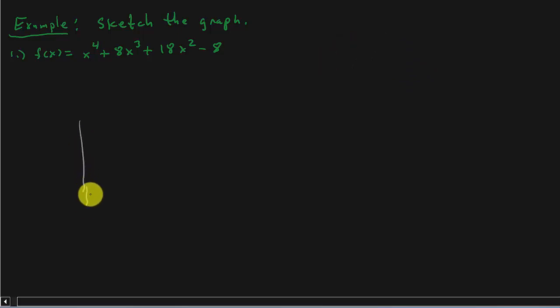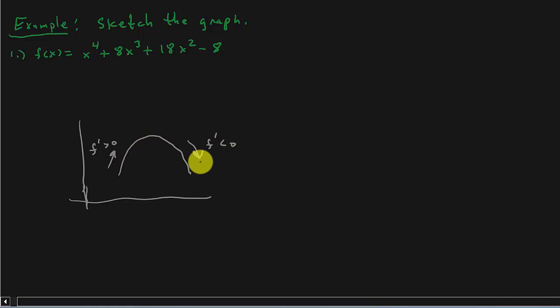Copy this down if you're taking notes, because I'm going to erase it because I'm going to need the room. You could have something like this. See how it's increasing and decreasing? Here f prime is positive, and here f prime is negative. It's increasing and then decreasing.